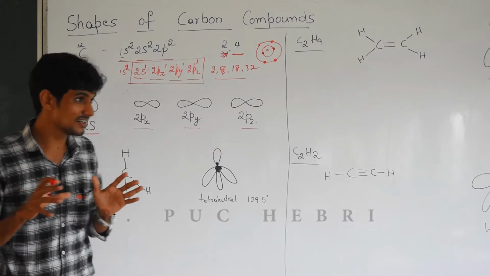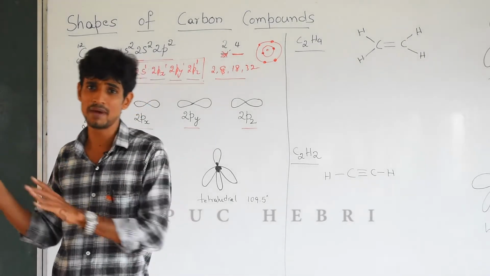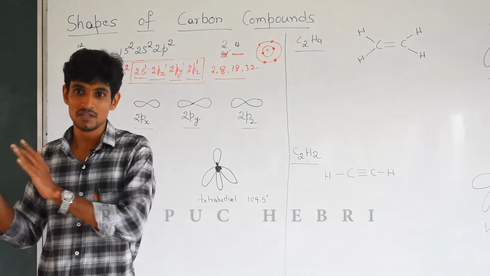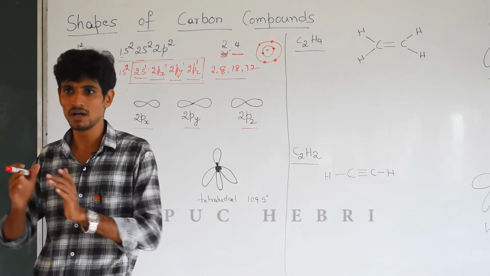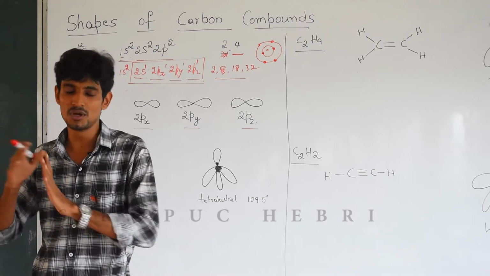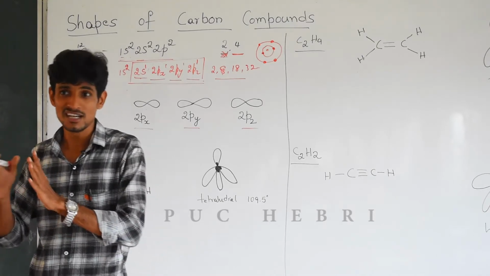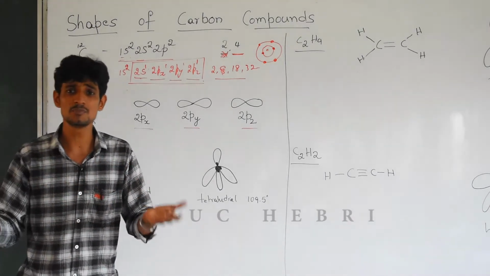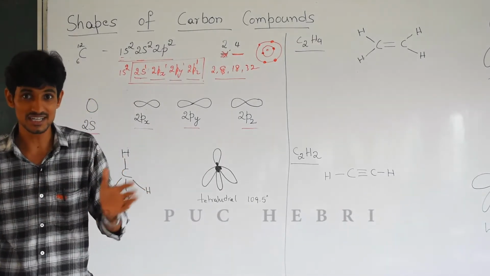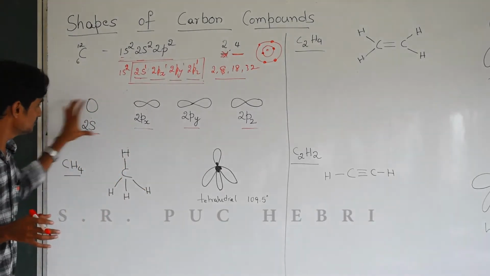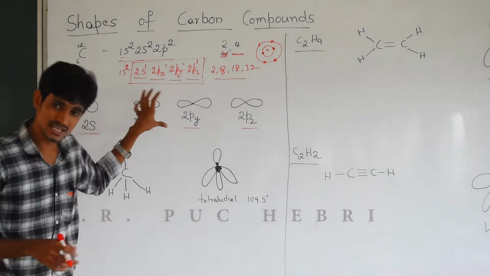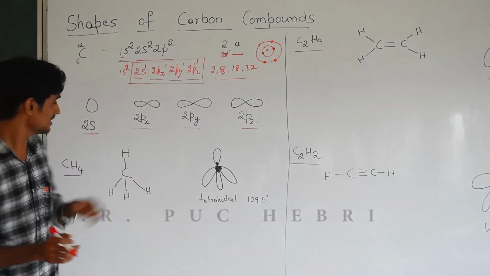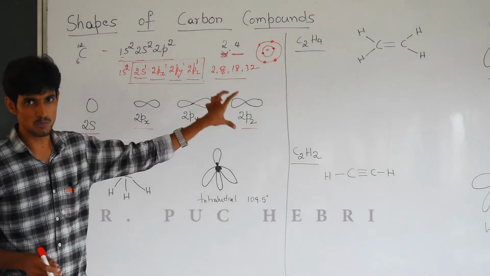It is like when a marriage happens: if the boy is rich, he marries a rich girl in most cases, because there should be a balance between the two sides, right? So if these orbitals have the same energy and symmetry, then they are ready to form bonds.